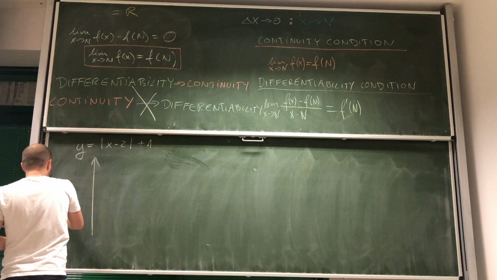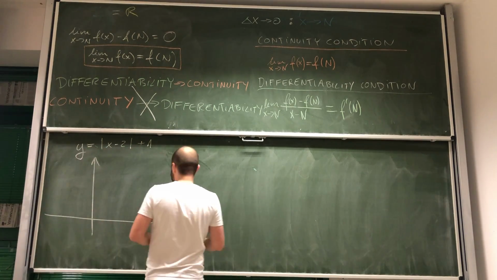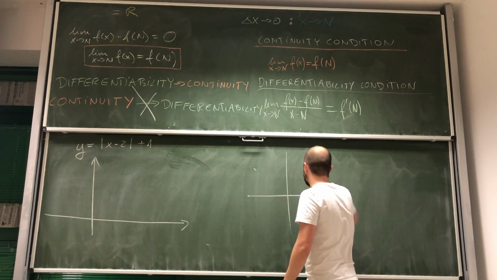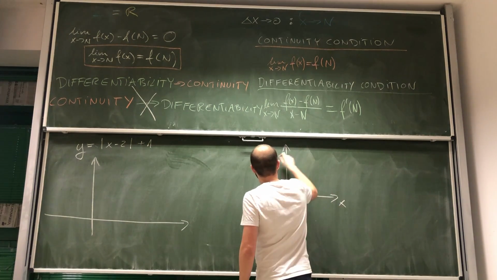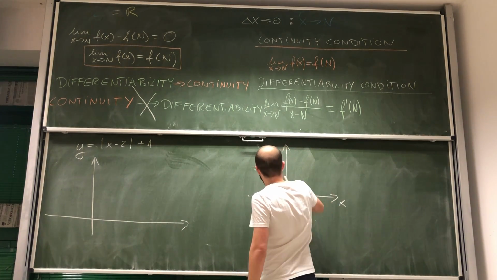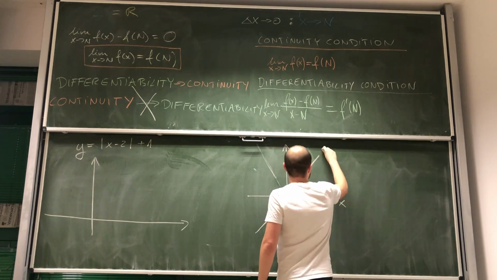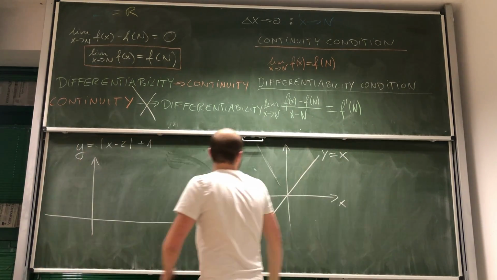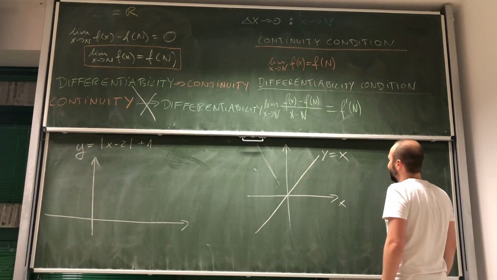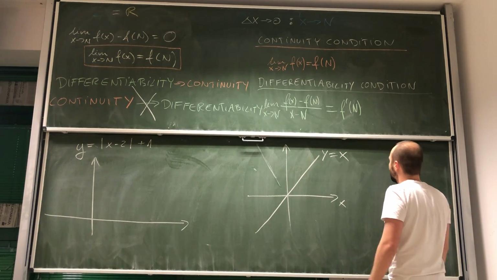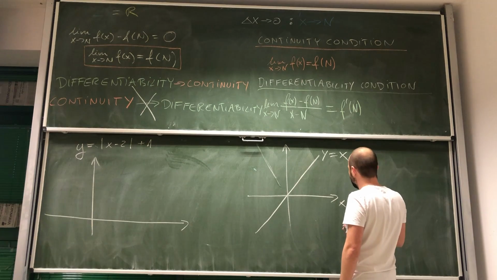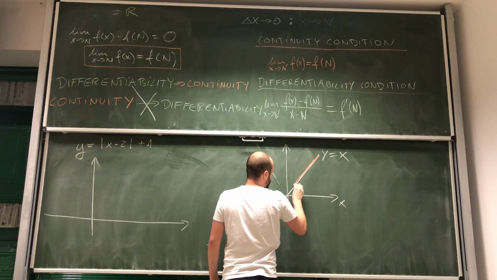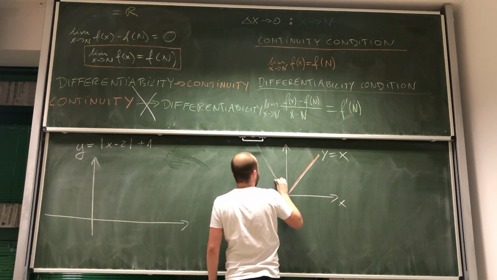We would start with absolute value of x, right? Which would be, okay, let me show you the transformations. So this would be y equals x, then y equals absolute value of x would be, this part stays the same because it's positive, and what used to be negative becomes positive.